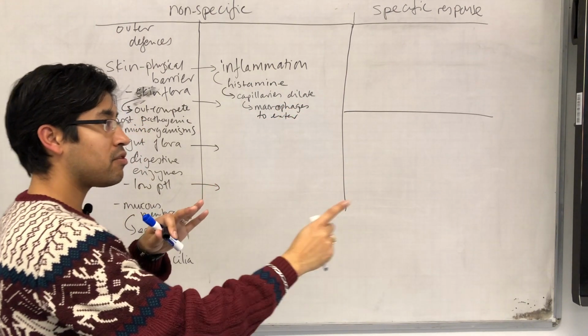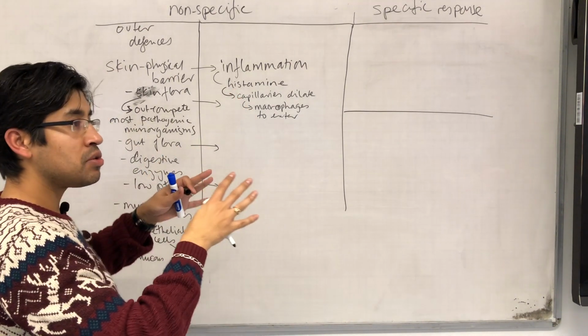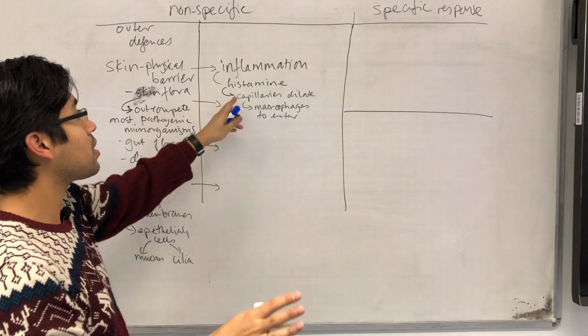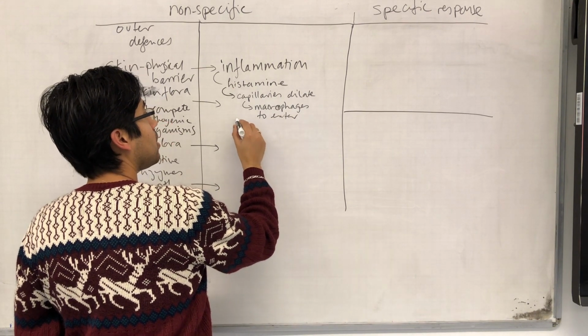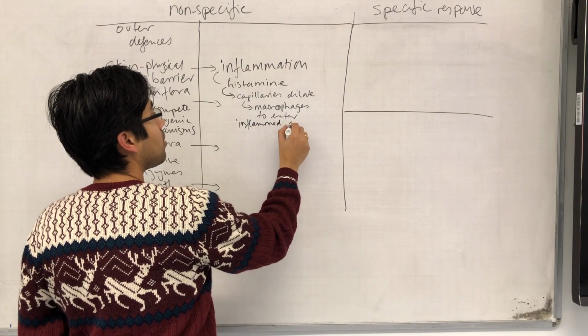Macrophages are moving around in the blood, but when the histamine causes the capillaries to dilate, it allows the macrophages to exit through the gaps in the capillary wall and enter the inflamed or infected area.